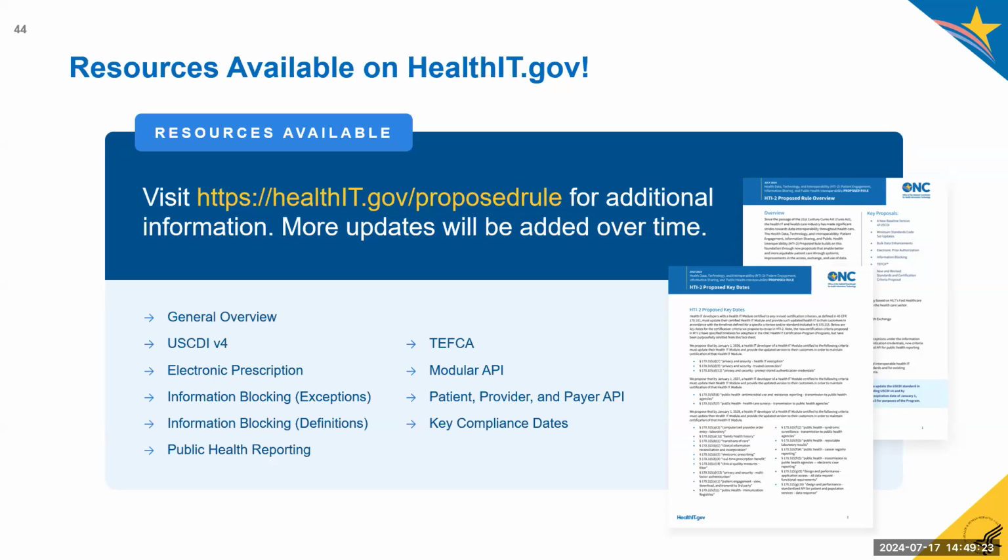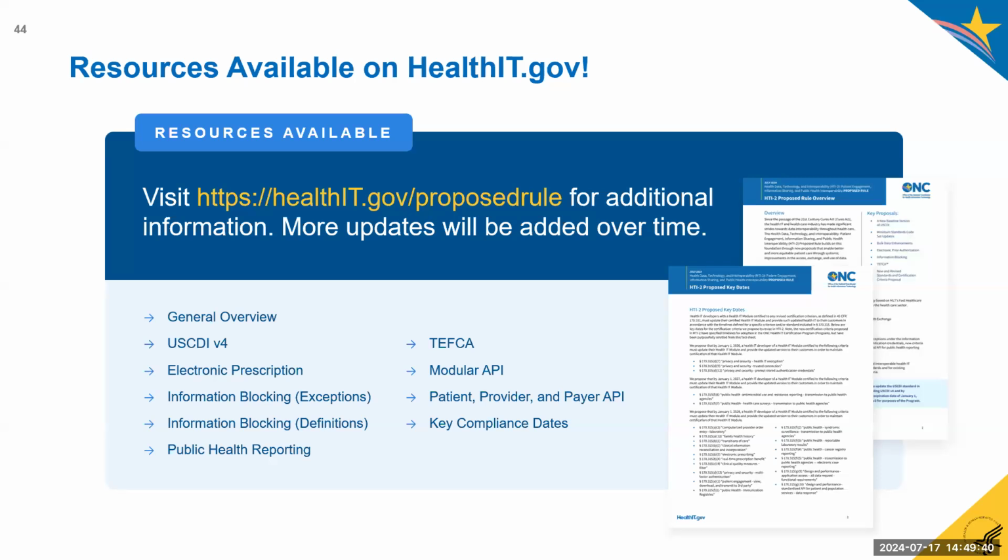The Modular API, TEFCA, the patient, provider, and payer API that Alex went through, as well as a compliance date. So it shows what the different dates are for the certification program. I do want to remind everyone, those compliance dates are for the certification program.